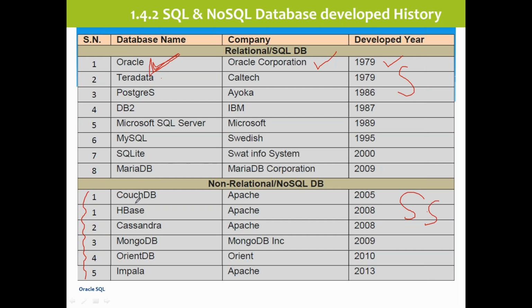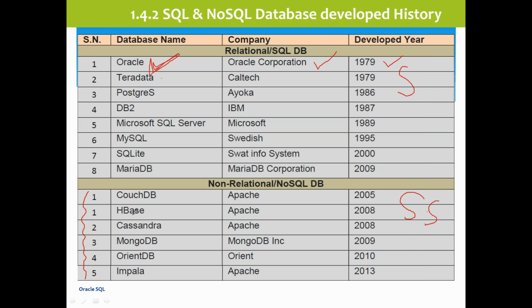Then semi-structured data came. To handle this semi-structured data, these earlier databases were not supporting it because they were developed earlier. So a few companies developed a few more databases to support semi-structured data. CouchDB is one database developed by the Apache company in 2005.